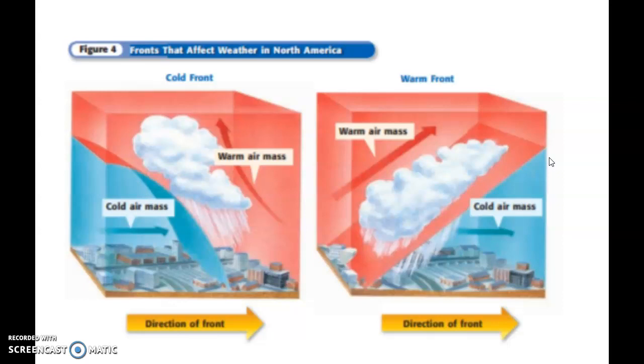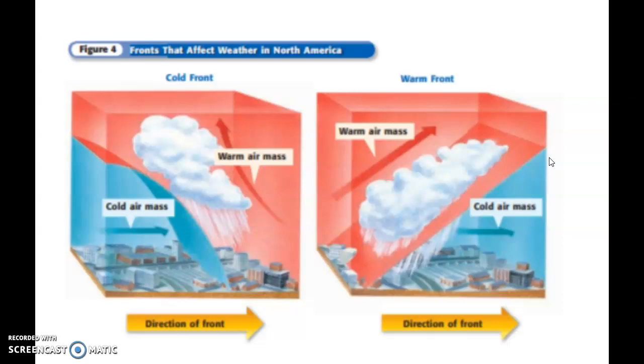Now, fronts are normally found in areas with middle latitudes. So it's associated with weather in the middle latitudes. Now, air masses that form in different areas don't actually mix very well with each other. And the reason why that is so is because of the changes in temperature or density.